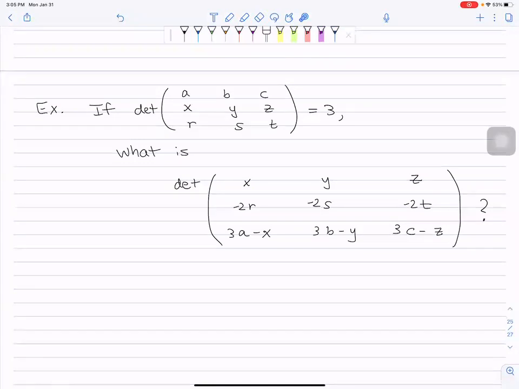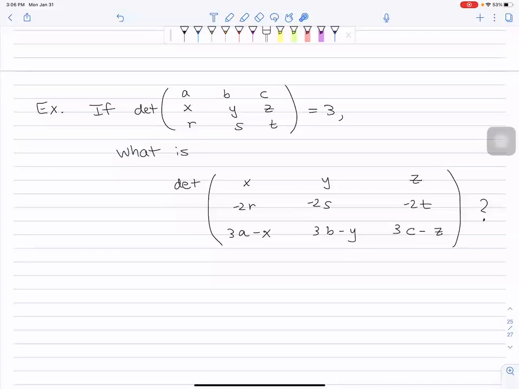So I have X, Y, Z, R, S, T, A, B, C. Okay, next. Yes, you can multiply row 3 by 3. Row 3 becomes 3 times R3. So we have X, Y, Z, R, S, T, 3A, 3B, 3C. Okay, next up.